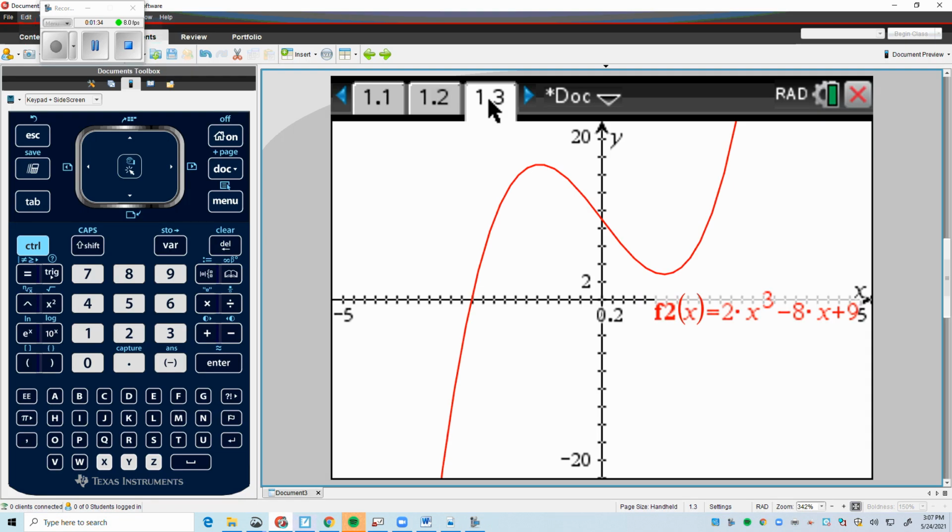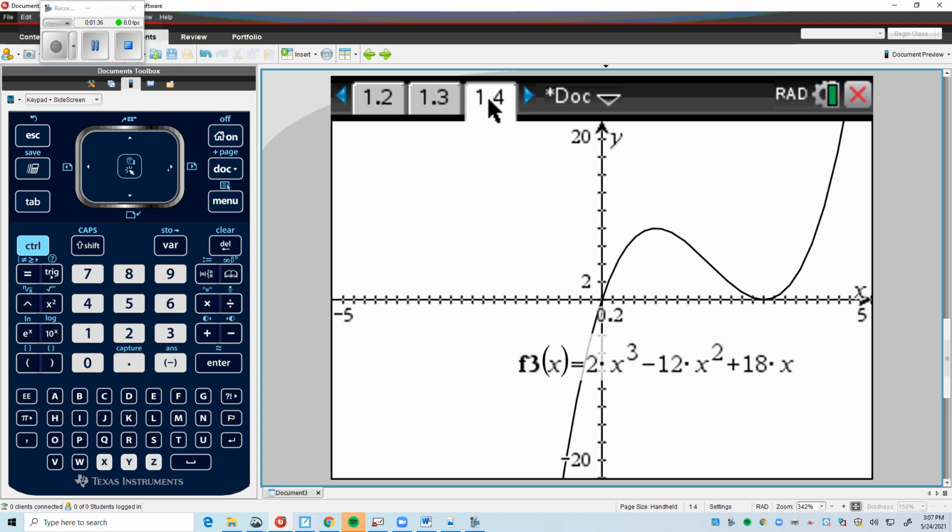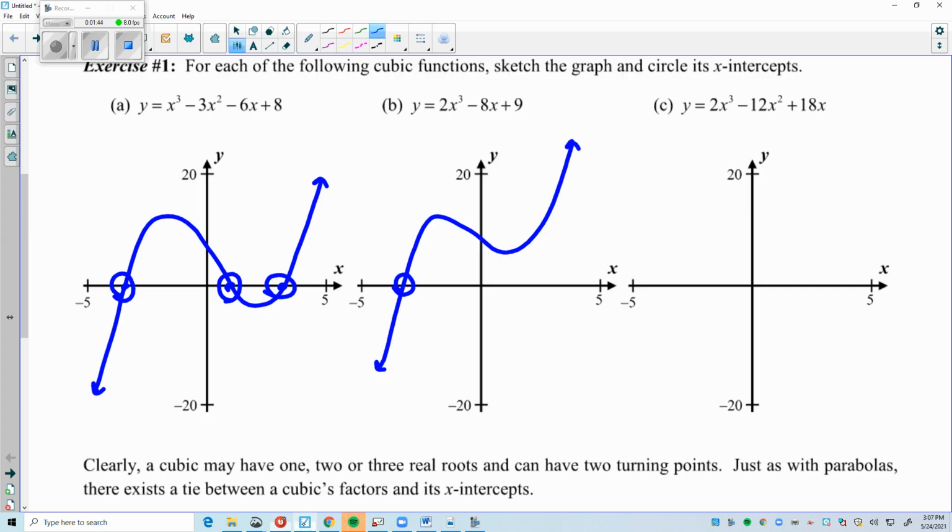Okay, if we look at our next one, okay, now notice what happens. I have two x-intercepts. I can see one, it kind of touches the x-axis and then it goes back up. Okay, so one's going to cross it, crossed at 0. It turned around, it touched the x-axis, and then it continued on. So here's an x-intercept, here's an x-intercept.